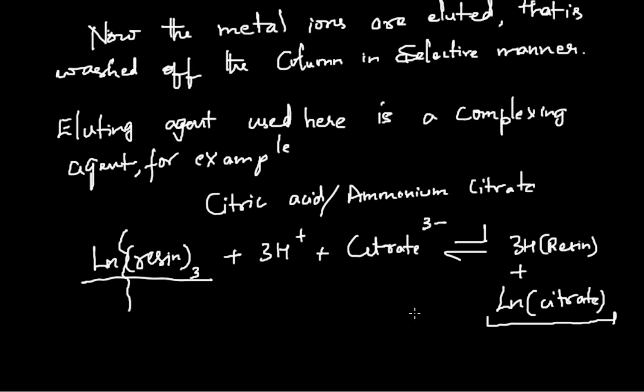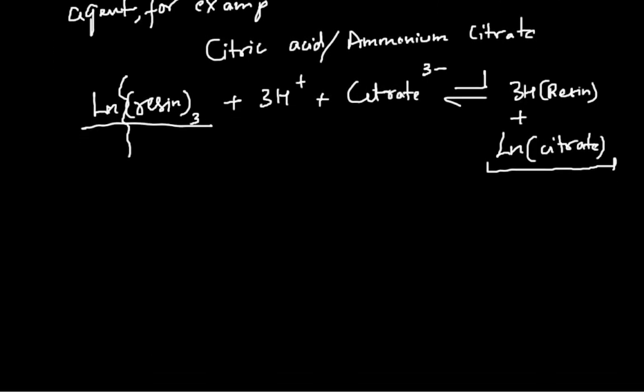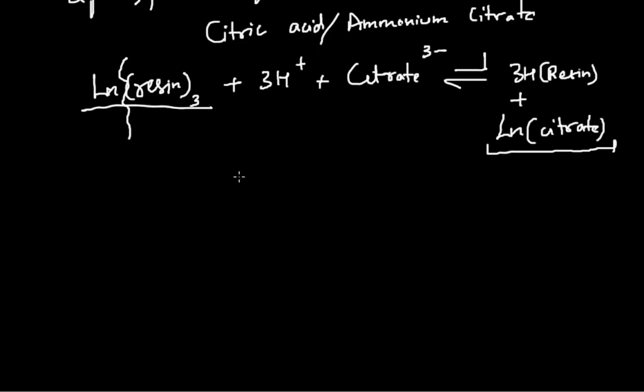As they flow down the column, a little lower down Ln3+ again goes back onto the resin. So Ln3+ keeps shuttling between the resin and the citrate ion. You have to understand this dynamic; this is where the whole story is.